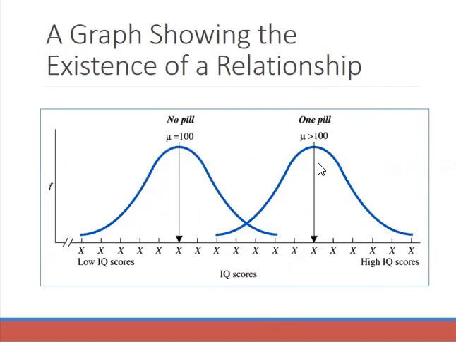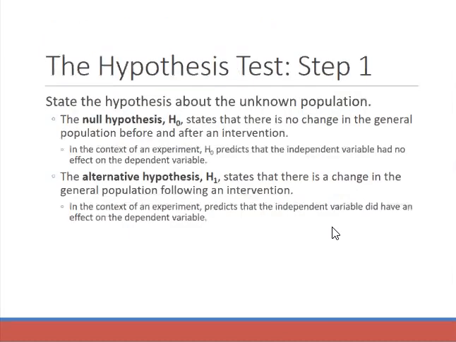So maybe taking one of these magic pills makes your IQ go some amount higher than the population average of 100. We don't know exactly what the pill is going to do, but we have to use the information we have to guess. That's really what hypothesis testing is about.